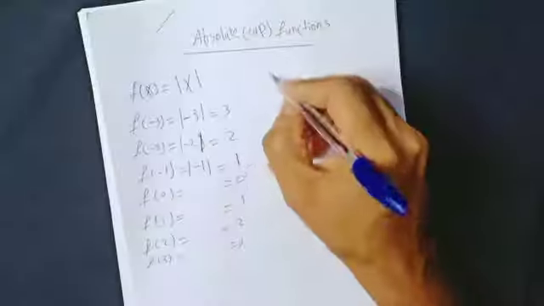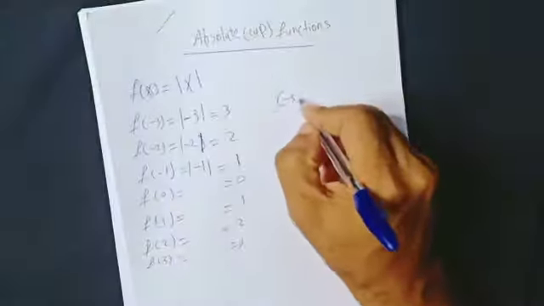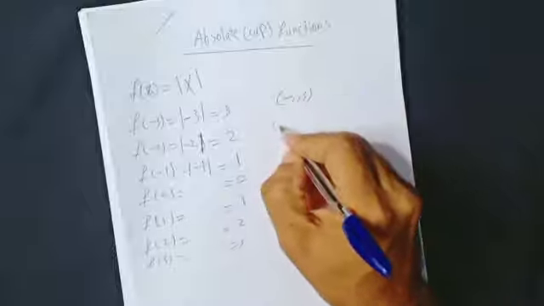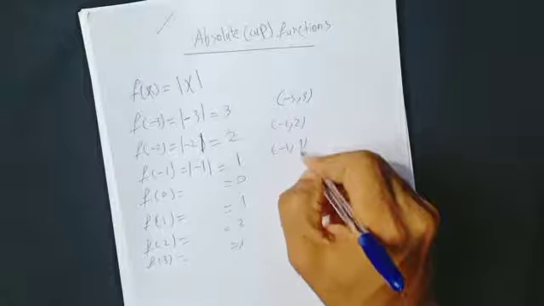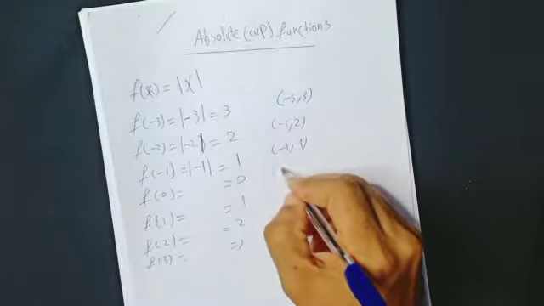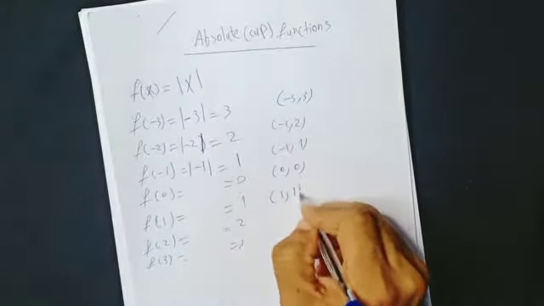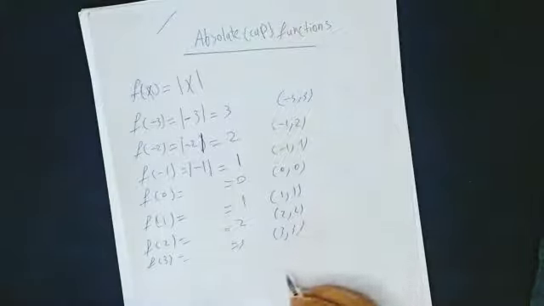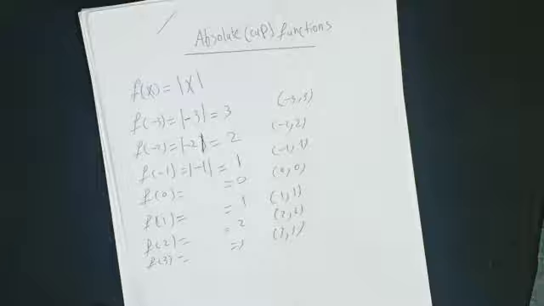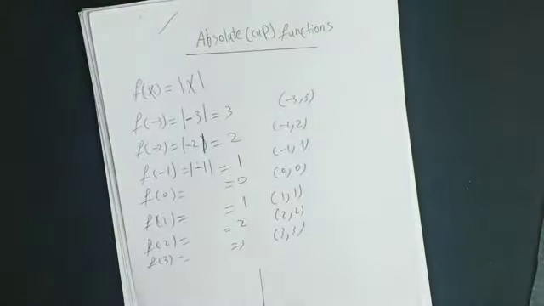Then we have the points negative 3 and 3, negative 2 and 2, negative 1 and 1, 0 and 0, 1 and 1, 2 and 2, 3 and 3. We can graph it like this.